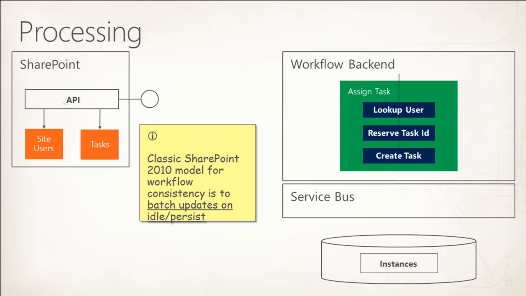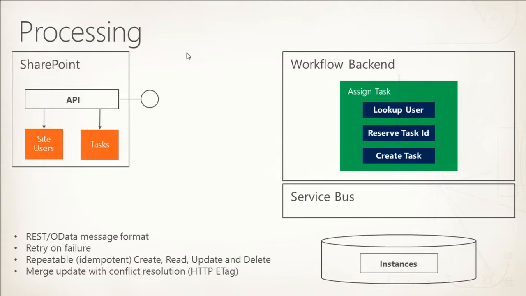We batch the updates and then we write them when the workflow reaches an idle point or when it wants to persist. And so I know, for instance, Nintex has an action which is commit all pending work, and what they're basically doing is forcing an update to SharePoint to happen. So I'm happy to say that that kind of thing won't be necessary going forward.